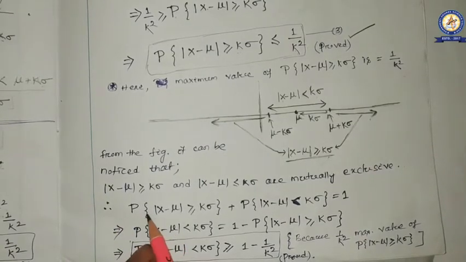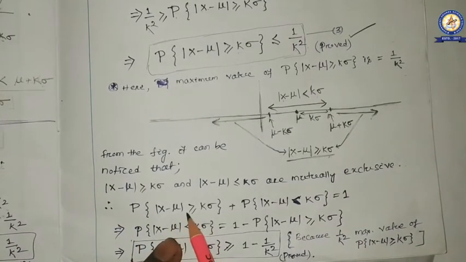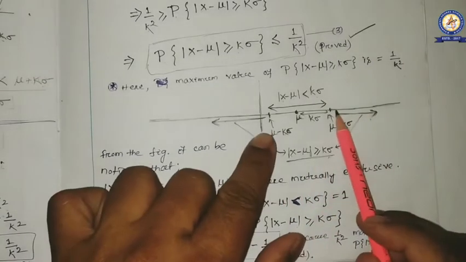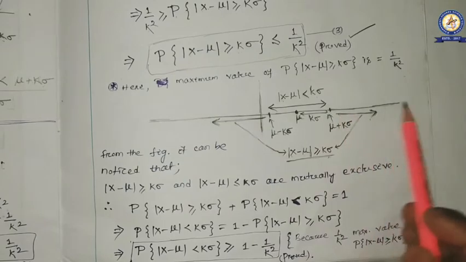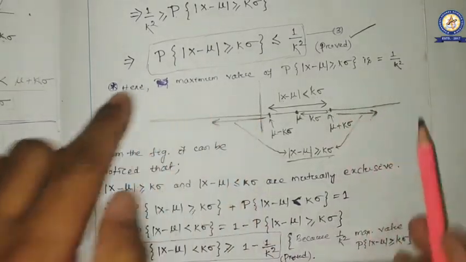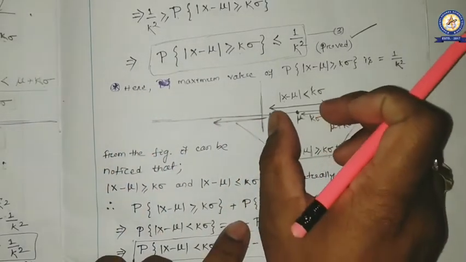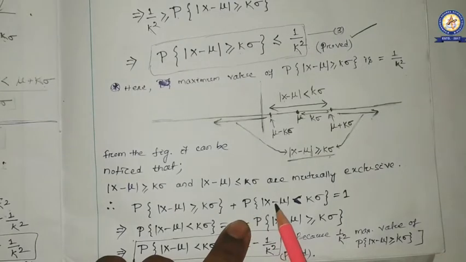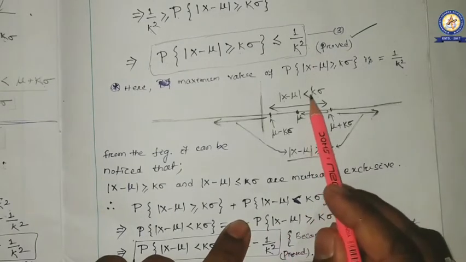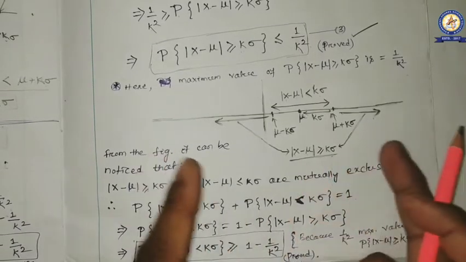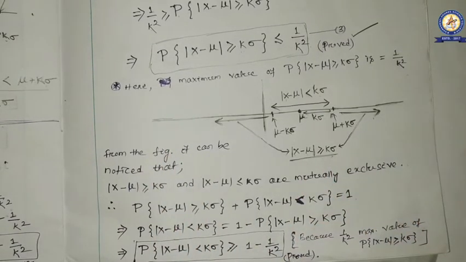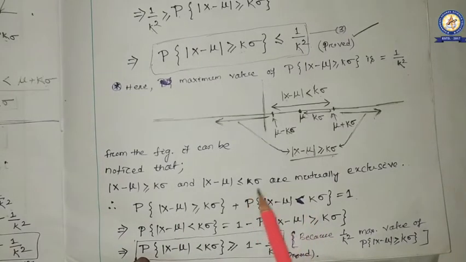Therefore we can write the probability of this outside range, all the values of x on this side and this side, plus the probability of the inner range, mod x minus mu less than k sigma, will be equal to 1, because these two ranges are mutually exclusive. So that implies this range will be equal to 1 minus this range.